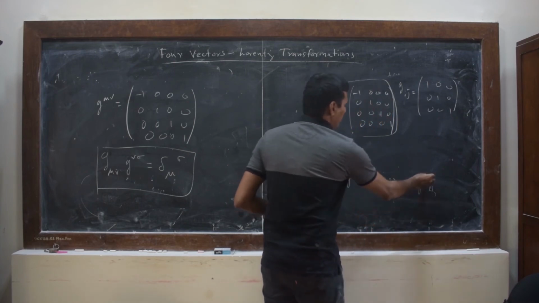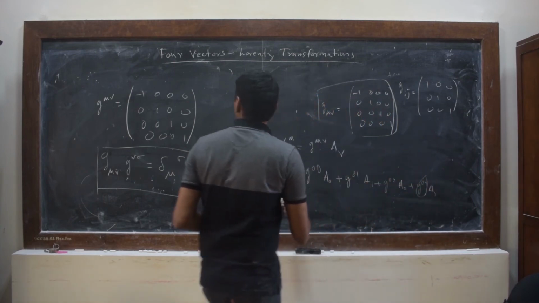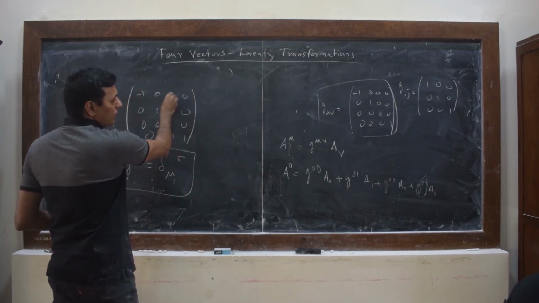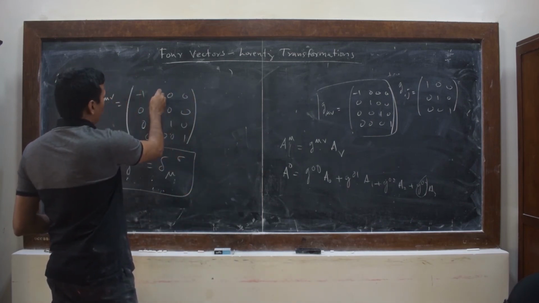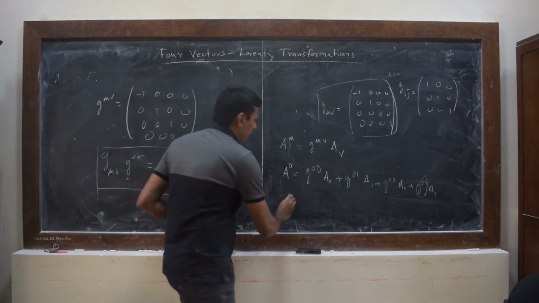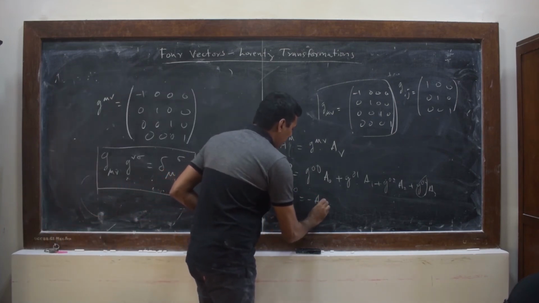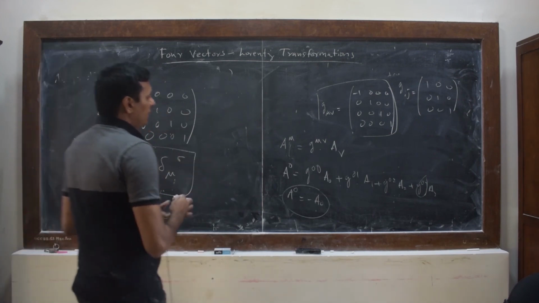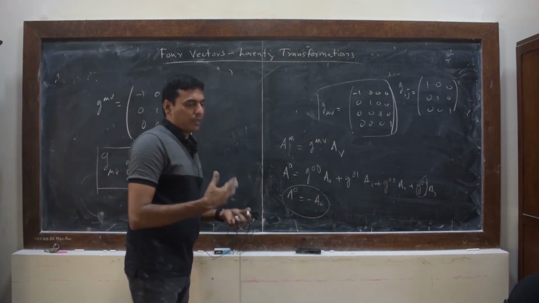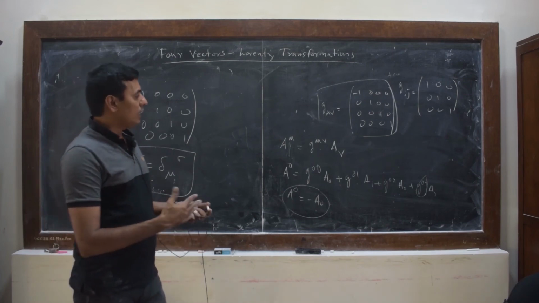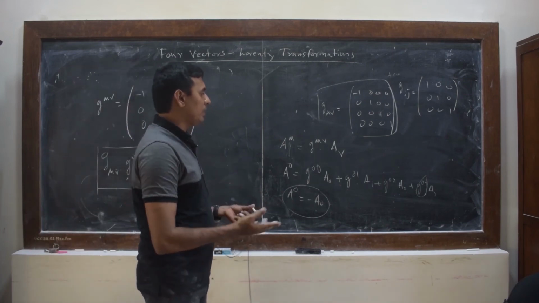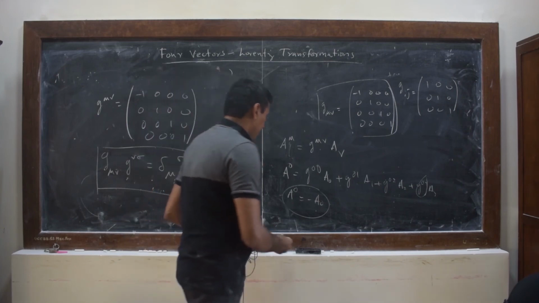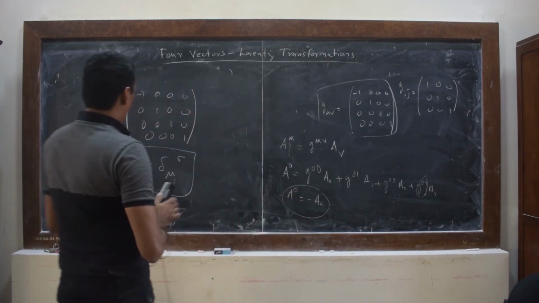But you know that G03 is 0, G02 is 0, G01 is also 0 and G00 is minus 1. So, you will get A upper 0 equal to minus A0, that is the expected result, okay. So, to get the components of a covariant vector from a contravariant vector and vice versa, you can use the metric tensors, okay. All right.